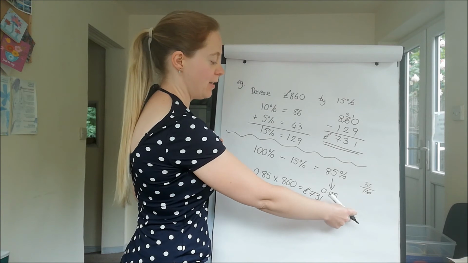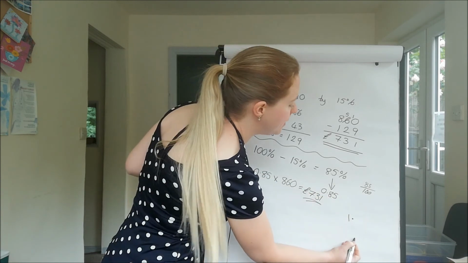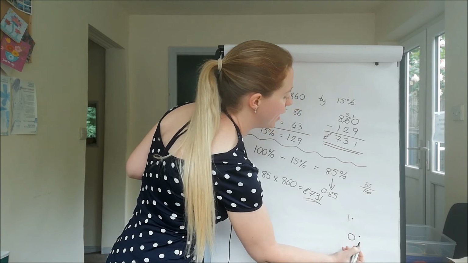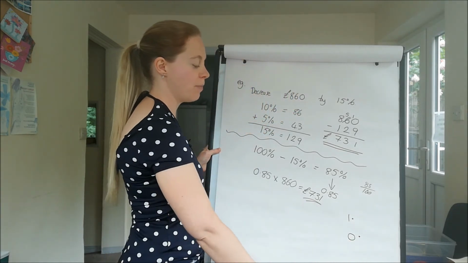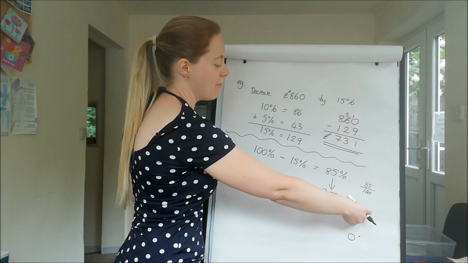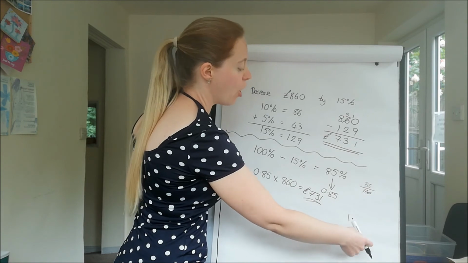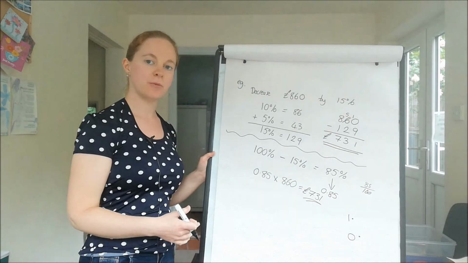If you're decreasing by a given percentage, you get a 0 point something because there's only some of it left. So 1 looks like I for increase by, O looks like only some of it left. All right?